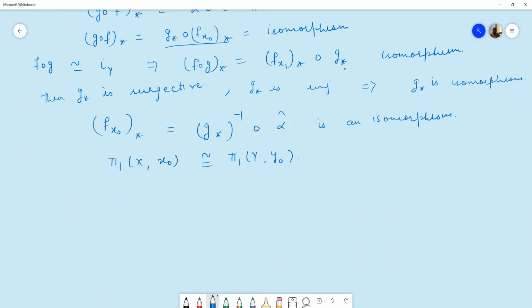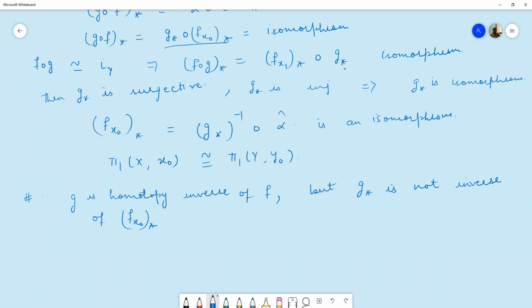Now in this theorem, one more thing we want to say: that G is a homotopy inverse. We have said that F and G are both homotopy equivalences of each other, meaning G is a homotopy inverse of F. But still, the homomorphism G star is not the inverse of the homomorphism F_x0 star.